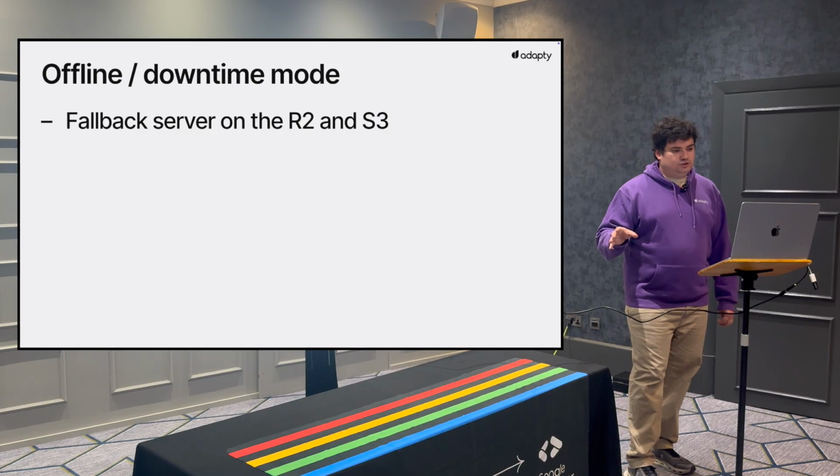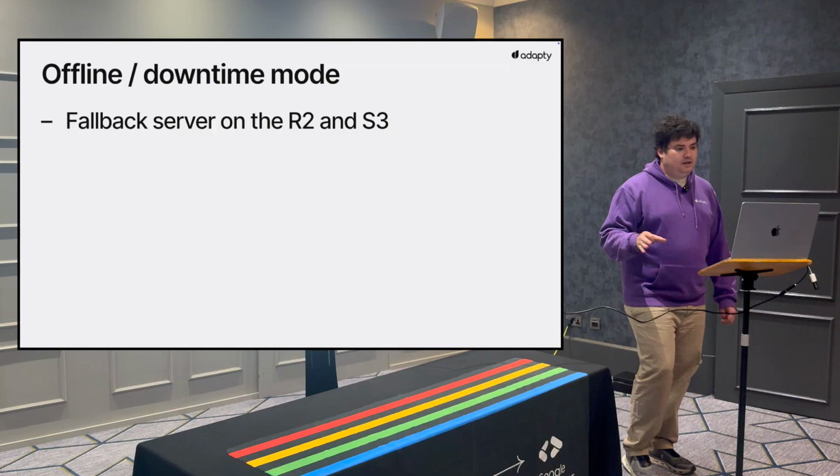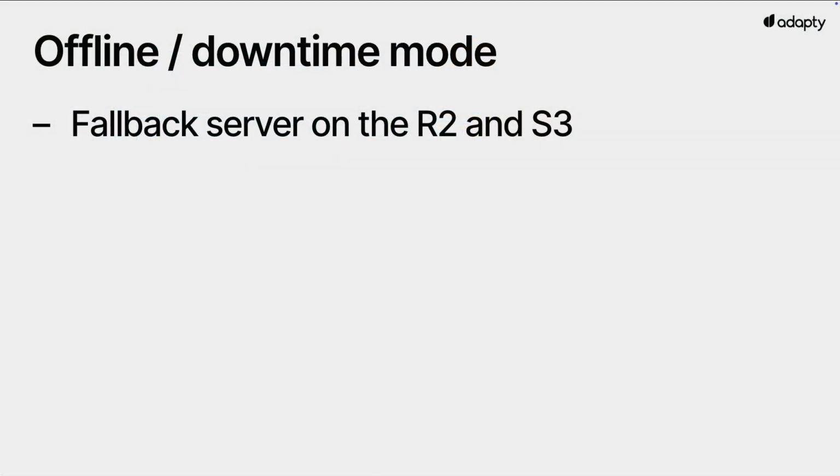And if something goes wrong with our servers or something goes wrong with S3, the request will be redirected to R2 or vice versa. So it allows us to fetch up-to-date paywalls from the blob storages, and it basically creates 100% availability for the paywalls.